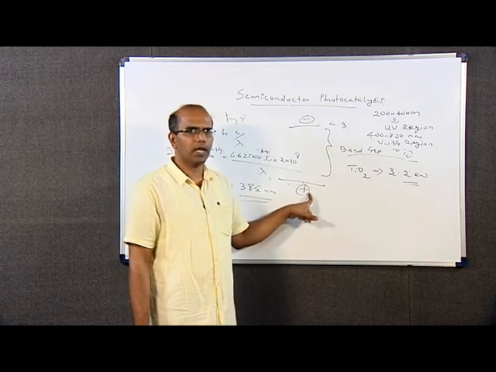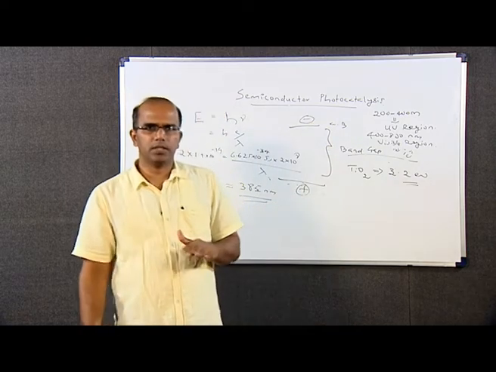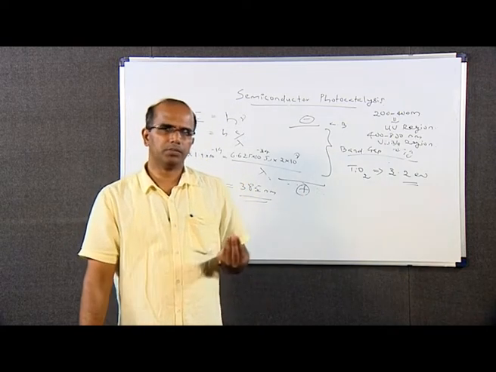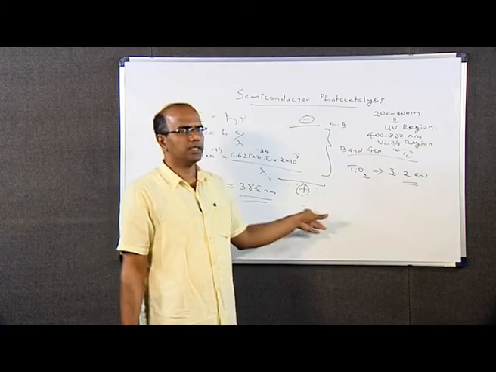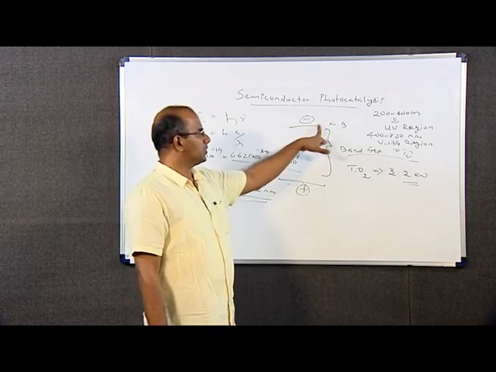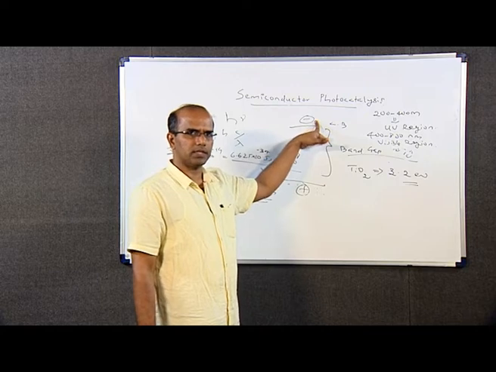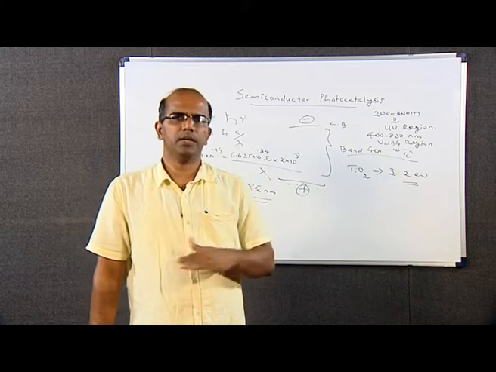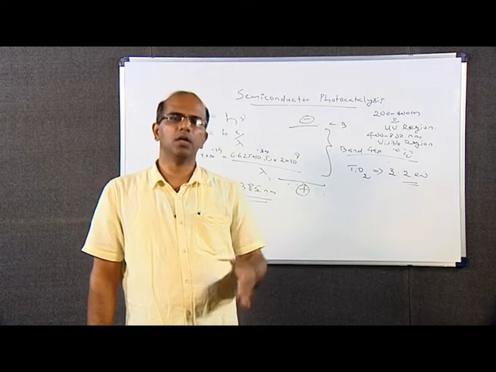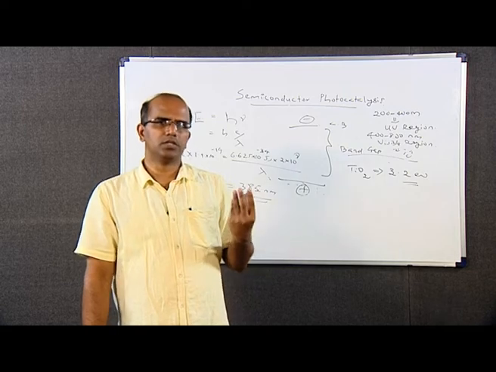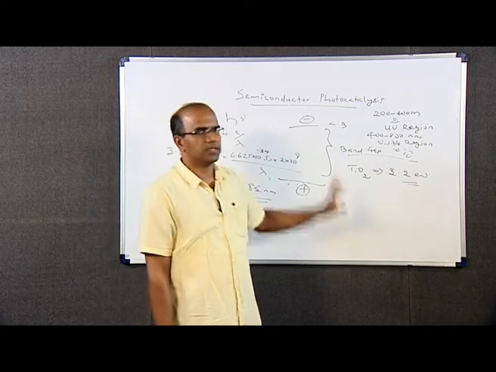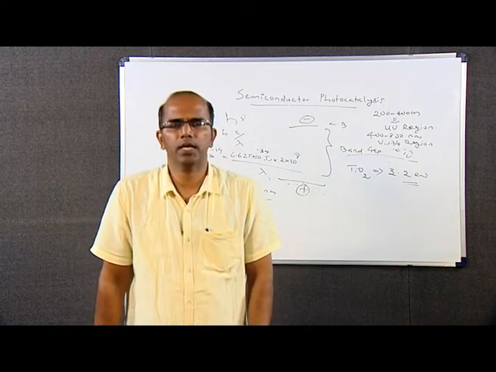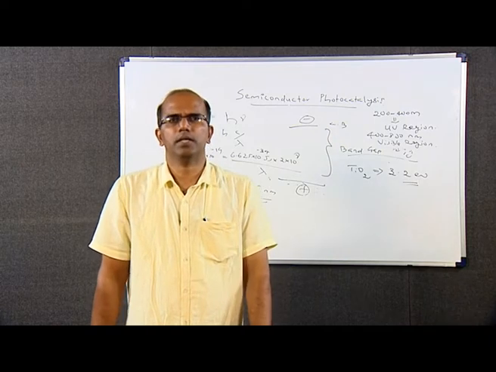Now this hole can oxidize the water present, or suppose you are pouring some water on the glass, or it can take the water present in the atmosphere to generate a hydroxyl radical, and the free electron is there in the conduction band. This free electron can reduce the oxygen, which may appear as dissolved oxygen in the water, or it can take the oxygen from the atmosphere to make a superoxide radical. So two radicals are formed, the hydroxyl radical as well as the superoxide radical.